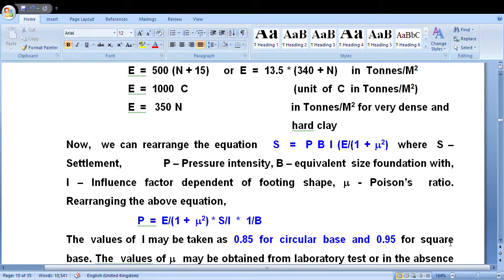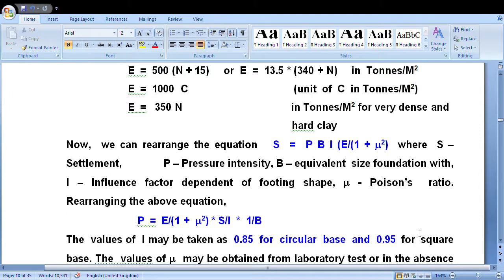In case of a rectangular foundation, we should convert the rectangle to an equivalent circular base. Calculating the area of the rectangle, we convert it to a circular base, or we can go for a square base also. It will be easy.